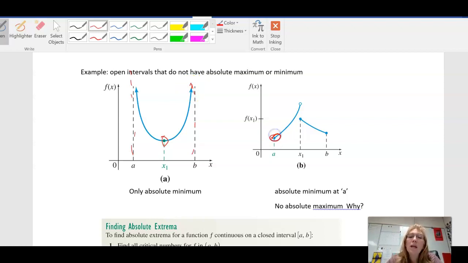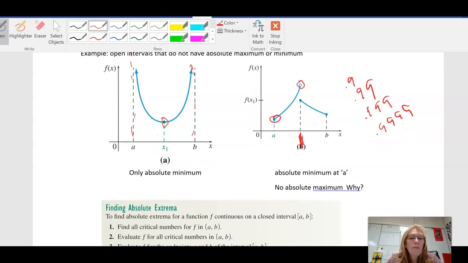This guy's the lowest point because he's filled in, but we do not have a max because this here can get so close but never be exact. No matter what number I pick, like let's say this guy was 1, and you said, well, I'm going to pick 0.9. Well, then I'm going to pick 0.99, and we could do this forever, correct? Since there's no way to be exactly the top, it does not have a max.